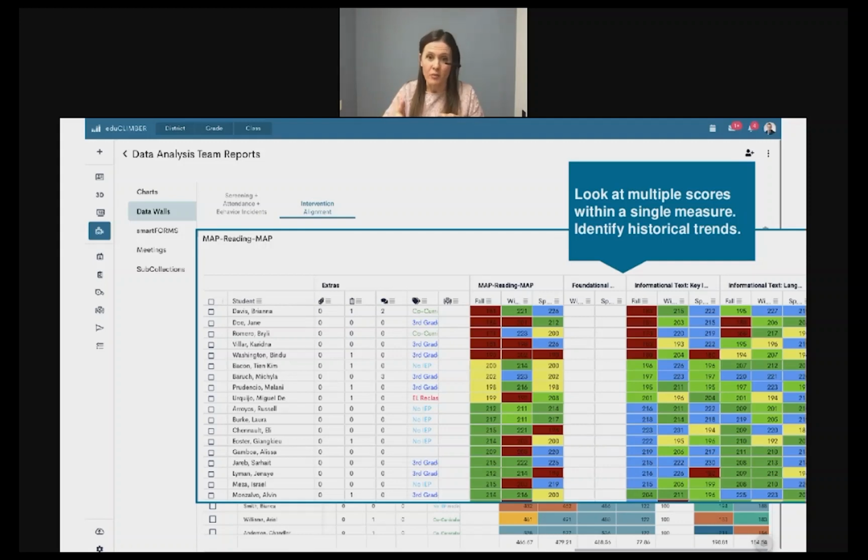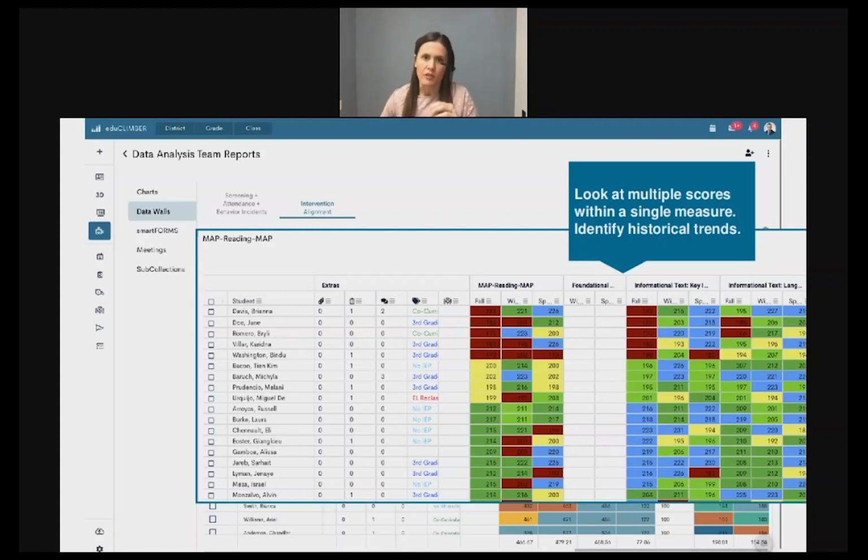So again, the farther behind that we see a student's skill, the more time we should be taking to ensure that there's actually a skill deficit. So when you look at a chart like this, we've drilled down, in this case, into a NWEA MAP assessment. And when you drill down, you can see from fall to winter to spring in the area of informational text how that student did.